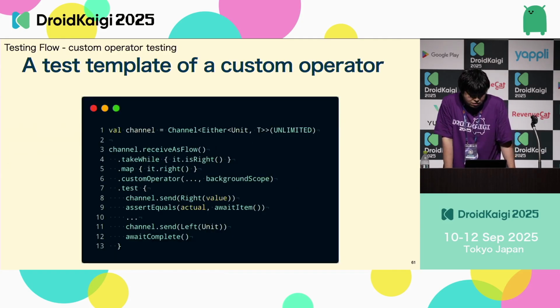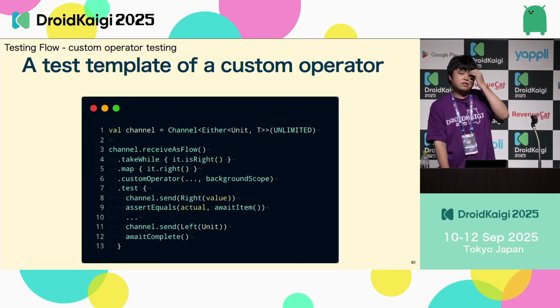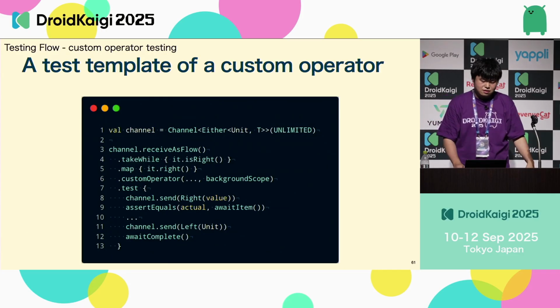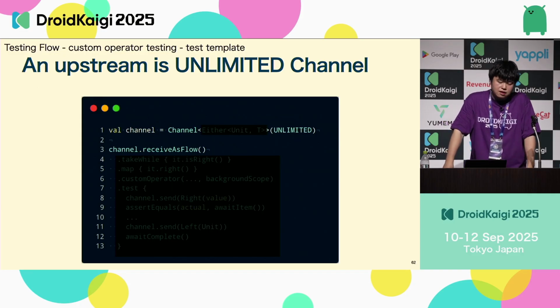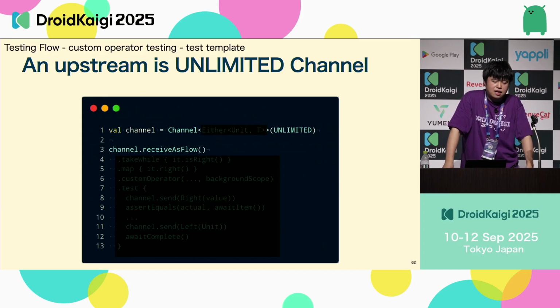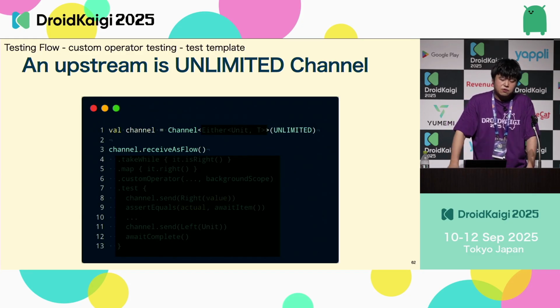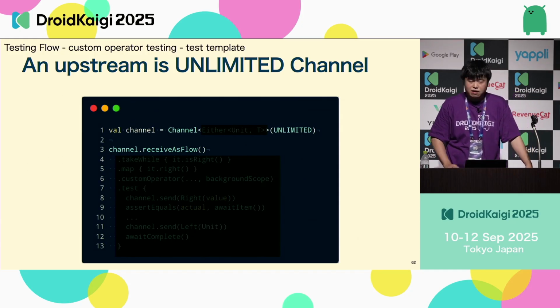As for custom operator testing, I have a test template. In my test template, the upstream is always an unlimited buffer channel. This can provide a pure data stream, which doesn't conflate values and doesn't remove any duplicated values, unlike mutable state flow.